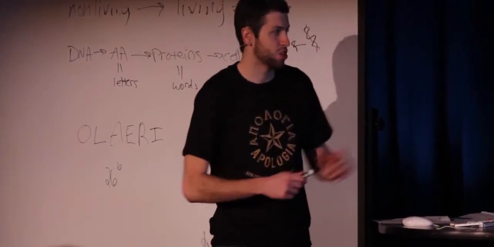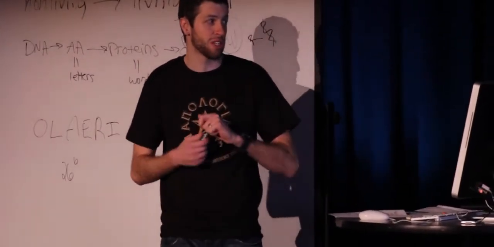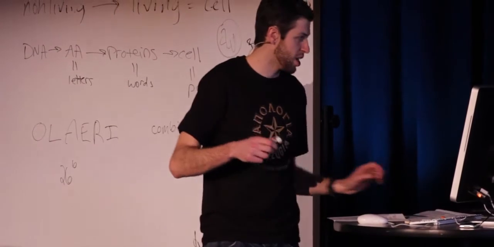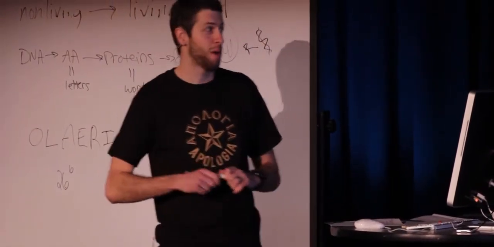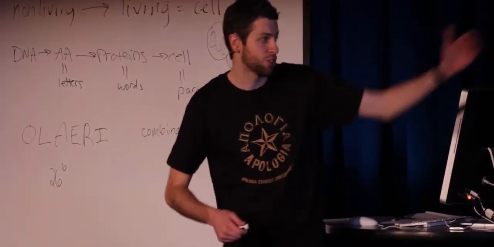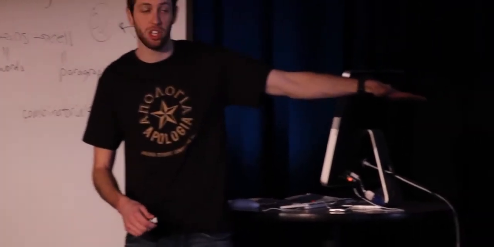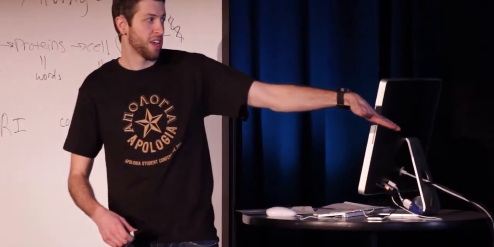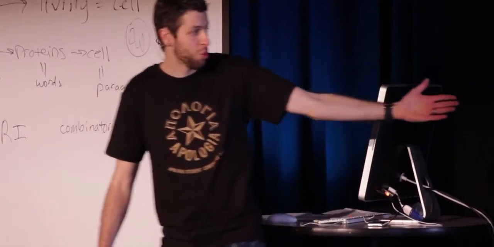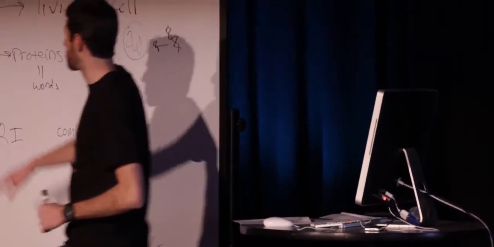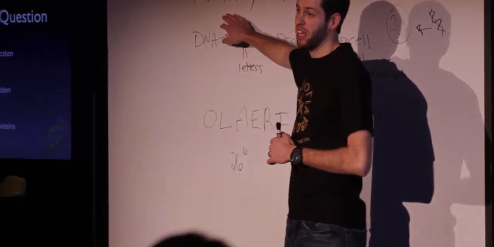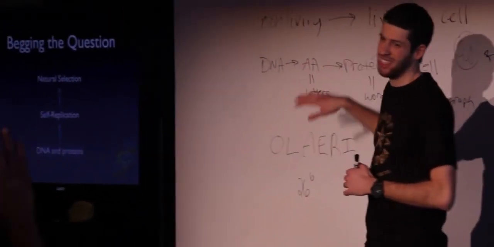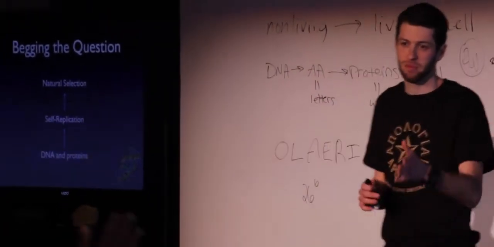If natural selection presupposes organisms that can copy themselves, then we run into a philosophical problem called begging the question. Natural selection depends on self-replication, but self-replication depends on DNA and proteins. So what's the problem here? We went from non-living that can't self-replicate to living. It doesn't work.